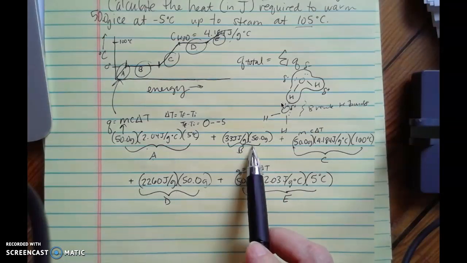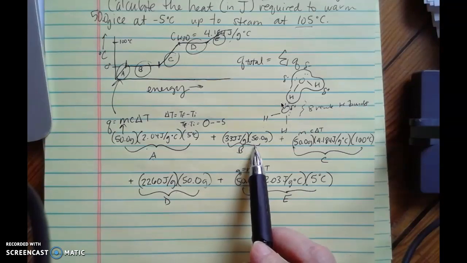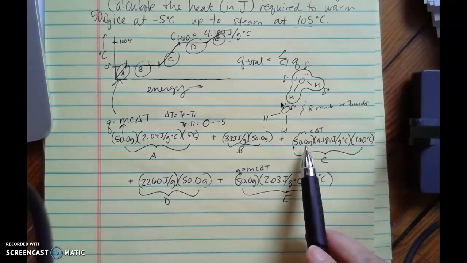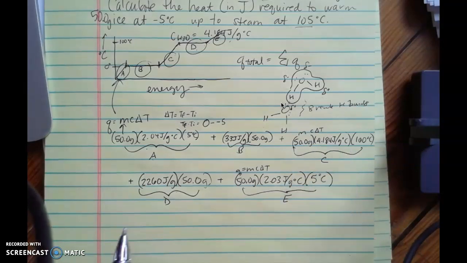This piece of energy is my phase change from ice at 0 degrees to liquid water at 0 degrees. This amount of energy is the energy required to warm water at 0 degrees up to water at 100 degrees. And then this is the vaporization energy. And then this last piece is the energy required to raise the temperature of the steam.